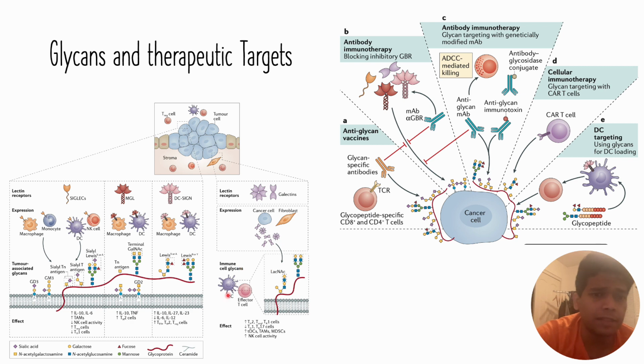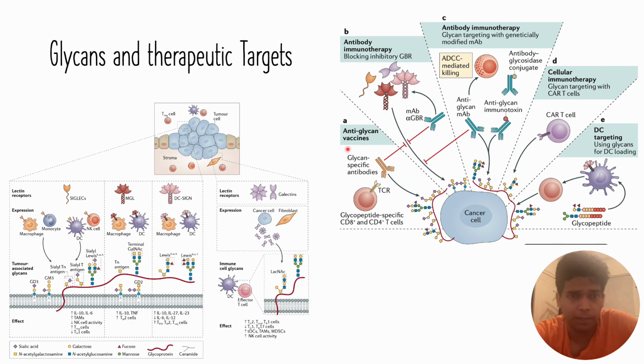So in this case, this aberrant glycosylation helps in immune evasion of the tumor cells from these immune cells. And some of the strategies that are developed based on the aberrant glycans identified on the tumor cells are presented on this panel on the right hand side.